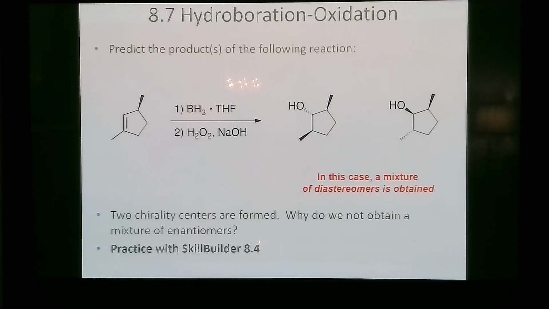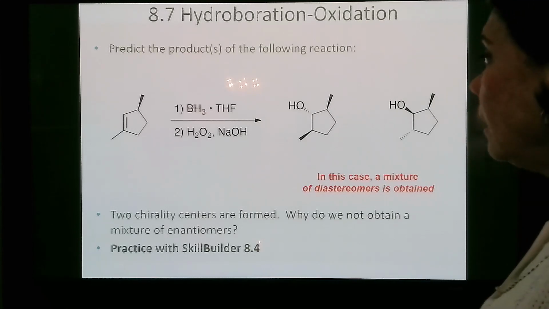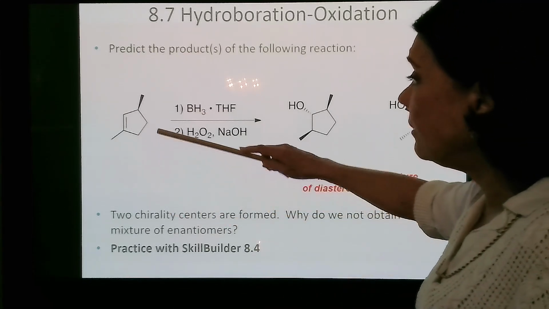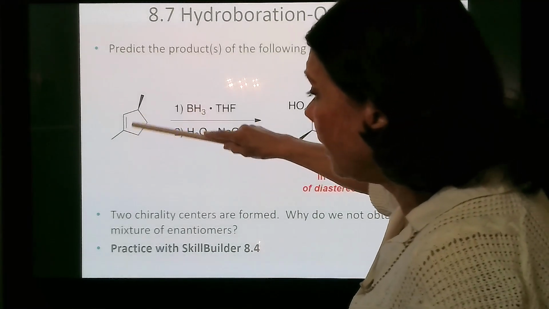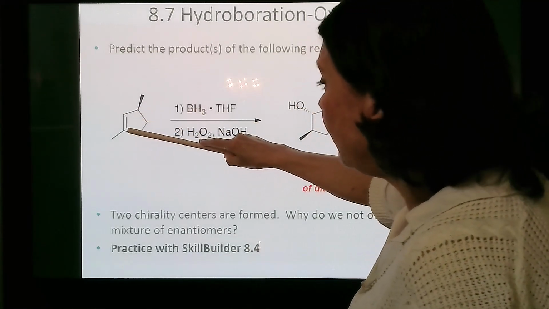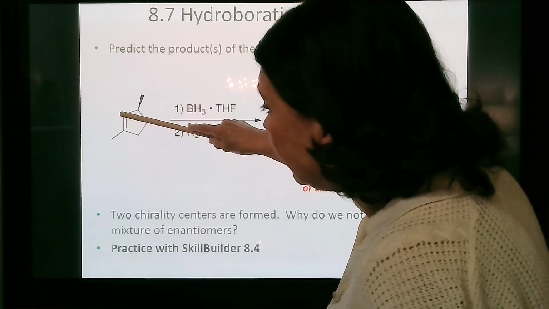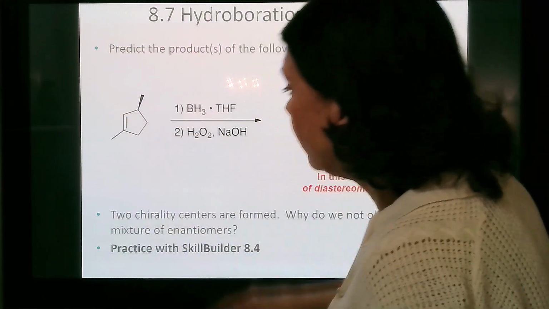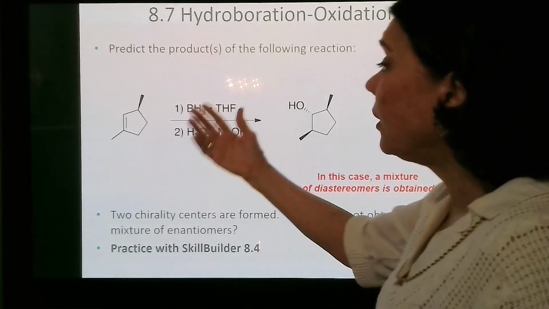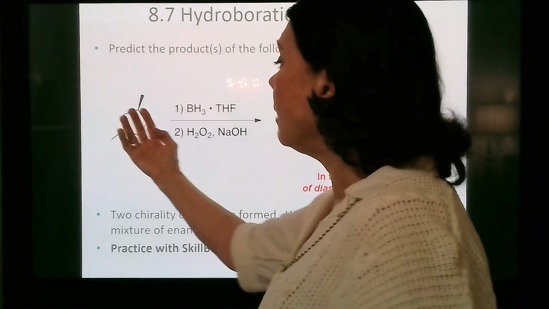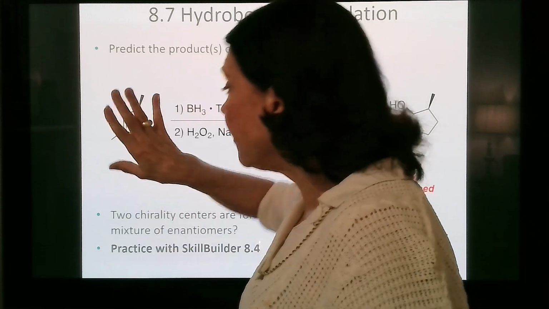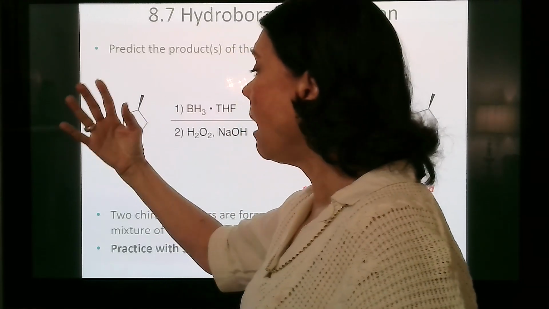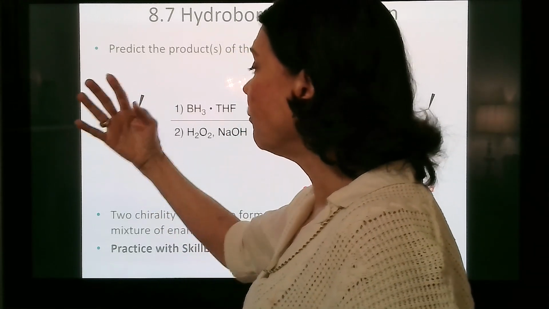Now, hydroboration oxidation. So, predict the products of this reaction. So, here you can see that you're going to have hydroboration. The boron is going to become attached at the less sterically hindered end. So obviously boron is going to become attached up here and hydrogen is going to go there. You could have the boron and hydrogen come from the top or come from behind. It can come from the front or from the back.